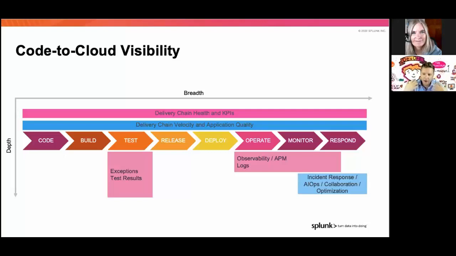The way I think about visibility now in application development environments is both in depth and breadth. Now, the depth part of it, we have pretty well. Like the concepts around observability, sure, there's still a lot of challenges when figuring out how to deal with distributed systems and creating visibility for them.